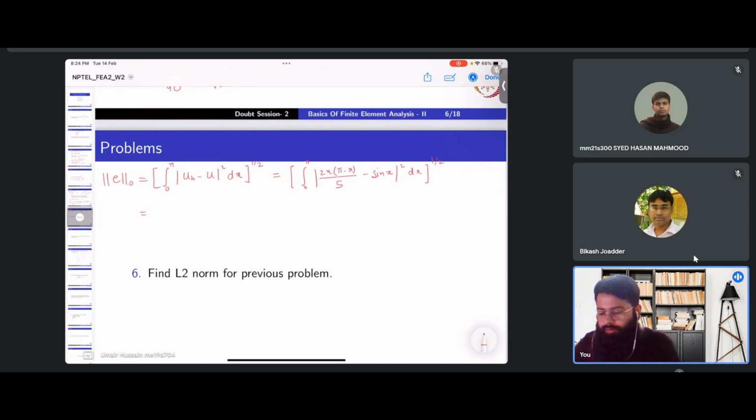Okay, sorry, I forgot to take its square root. So we take square root of the answer. 1.23.